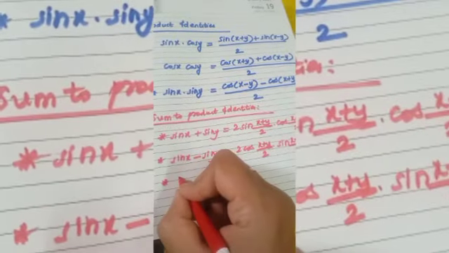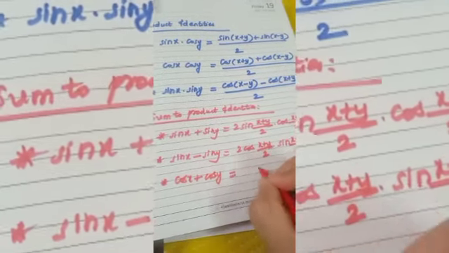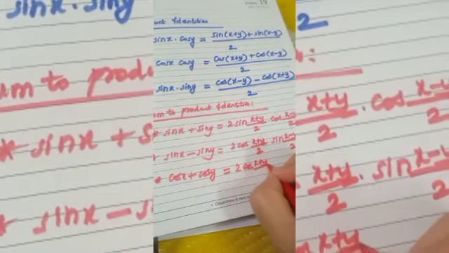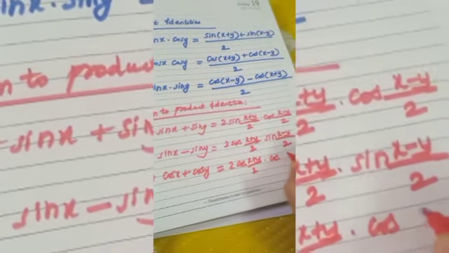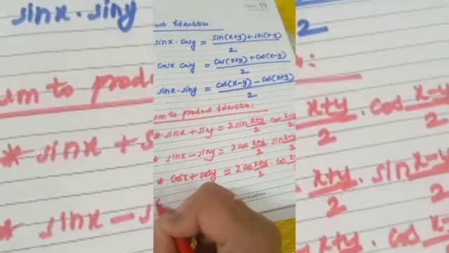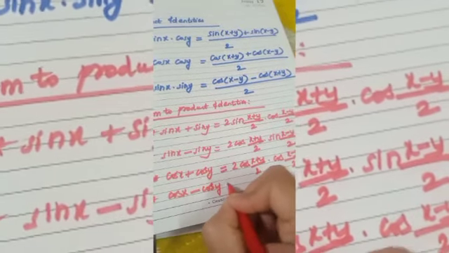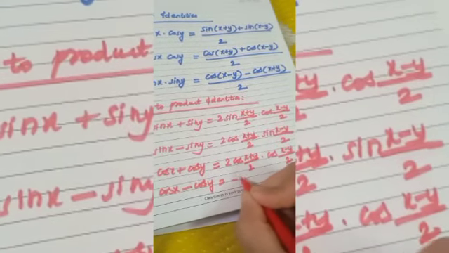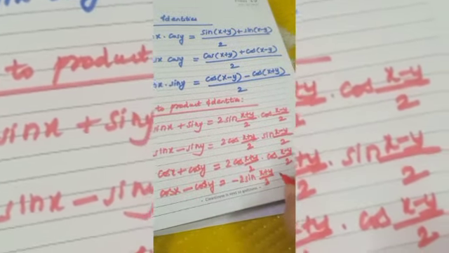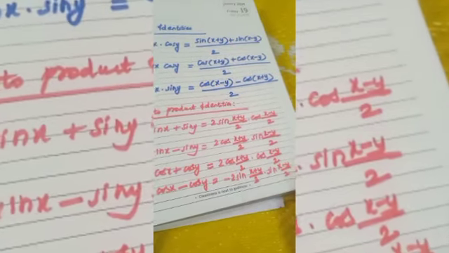Cos x plus cos y is equal to 2 cos of x plus y by 2 into cos of x minus y by 2. The last formula, cos x minus cos y is equal to minus 2 sin of x plus y by 2 into sin of x minus y by 2.